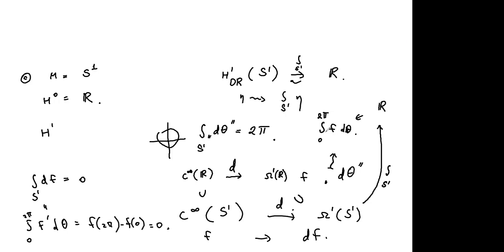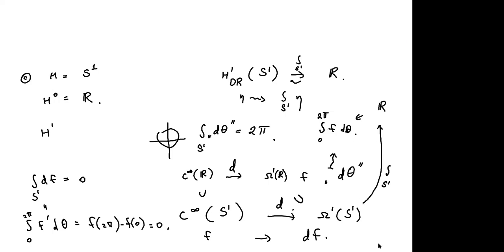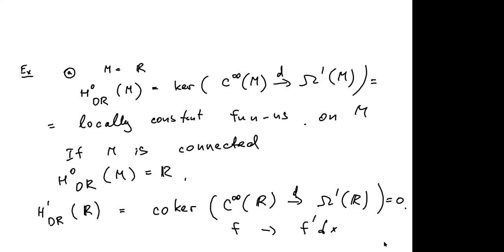So the question: why didn't we define de Rham homology? Is it well defined? I don't understand. The definition of the de Rham homology is given here.